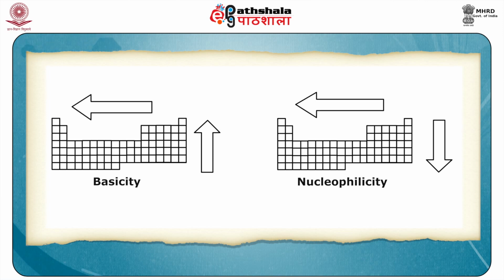The concept of hard and soft acids and bases also helps differentiate the bases from nucleophiles, because nucleophilicity will increase as a base becomes softer. For example, the ability of the halide ions to act as leaving group increases from fluoride, which is the hardest base, to iodide, which is the softest base.